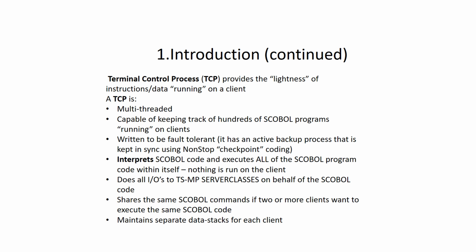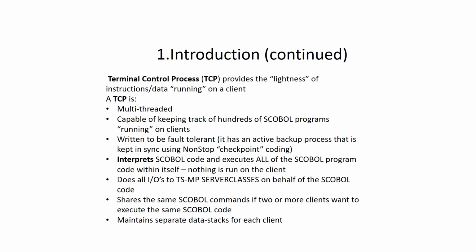There's no instructions being downloaded to run on that client. A TCP is multi-threaded, meaning it can keep track of hundreds of IOs at the same time. It can keep track of hundreds of SCOBOL programs running at the same time.